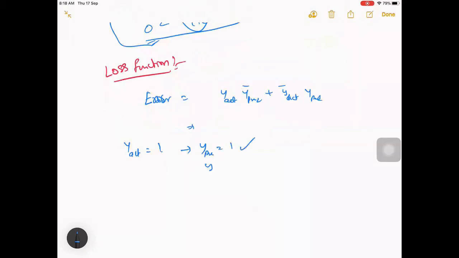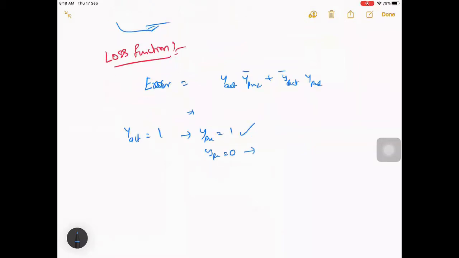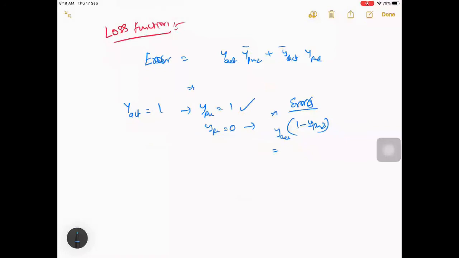If predicted is 0, then there is an issue. So what we do is, error here can be something like 1 minus y predicted into y actual.